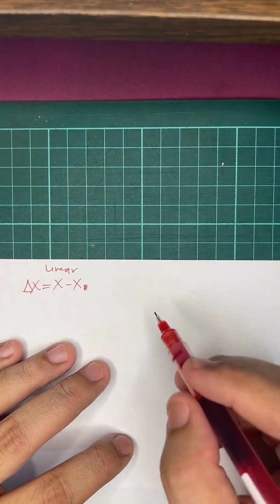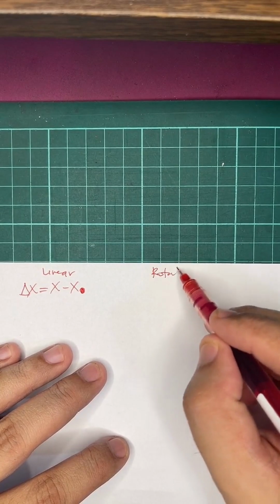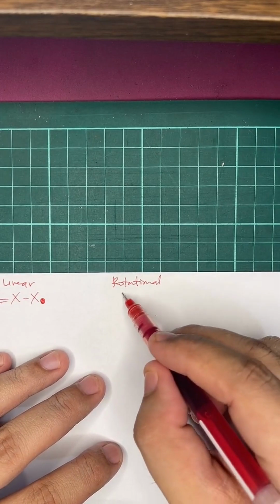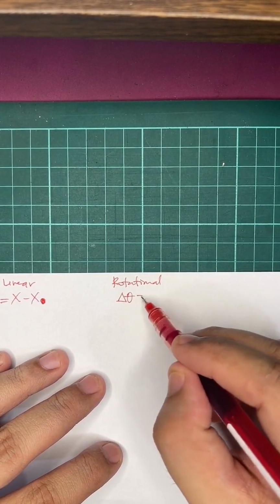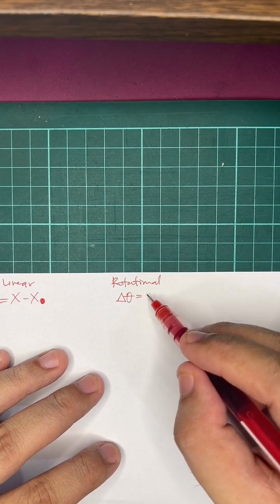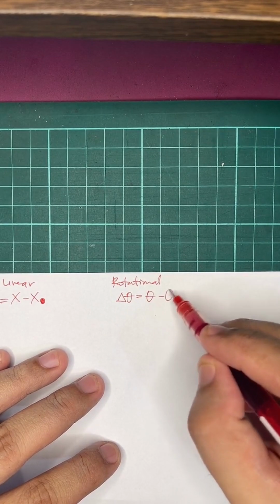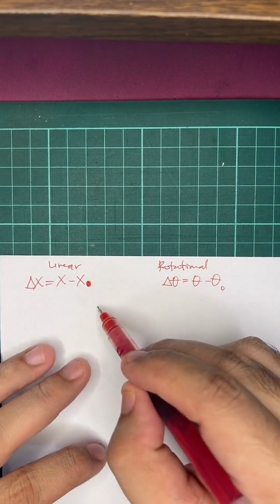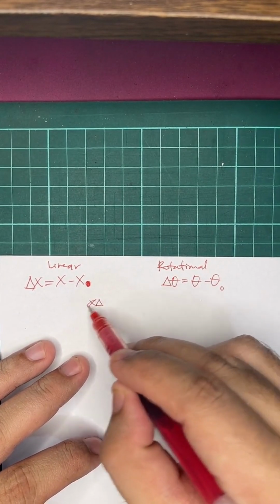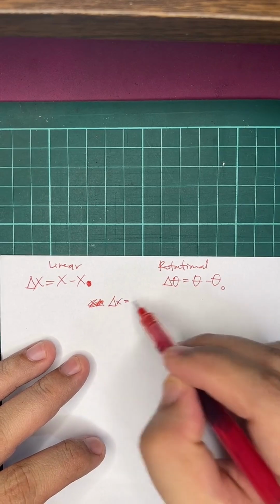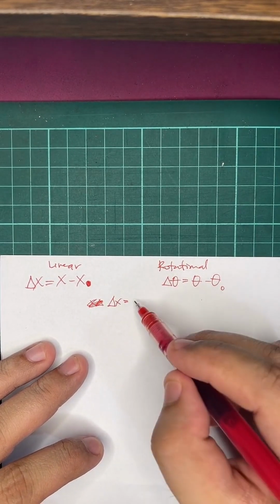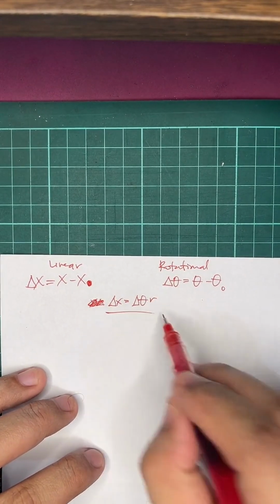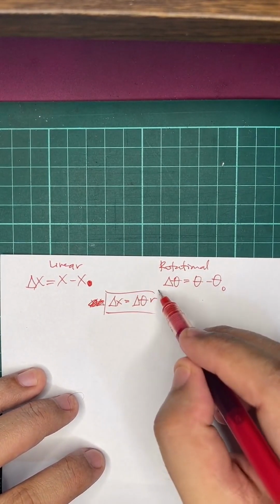Its analog, rotational, is delta theta equals theta minus theta naught. The relationship: delta x equals delta theta r. This is the conversion. I mean, this is the relationship.